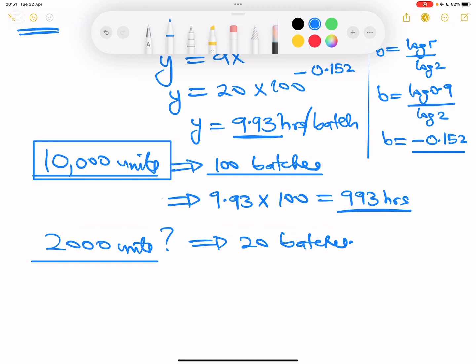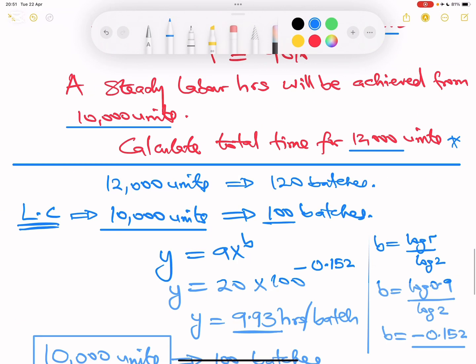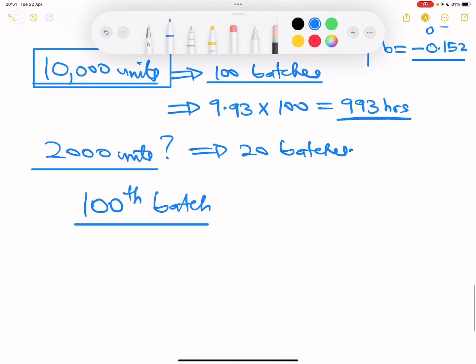And that last batch is the 100th batch. The same concept we apply to the third unit alone is the concept we're going to apply, but this is just a batch.